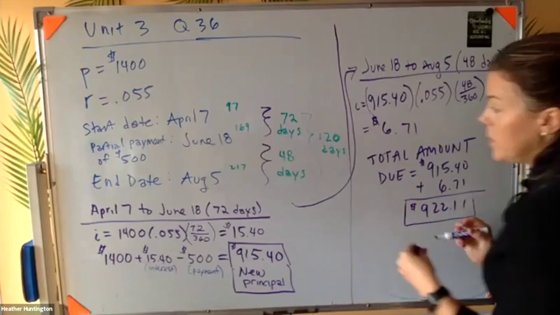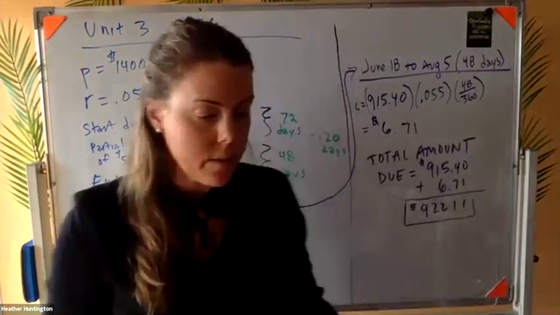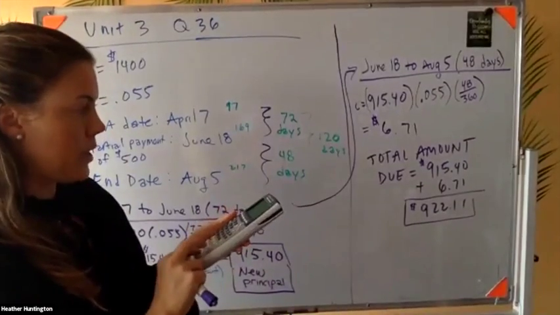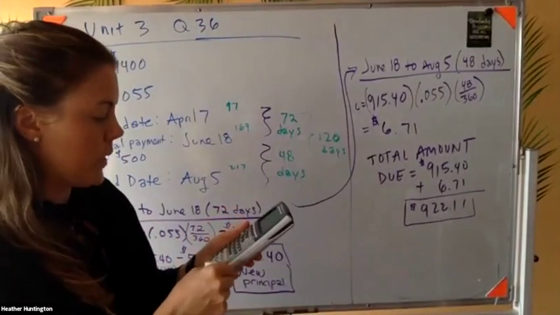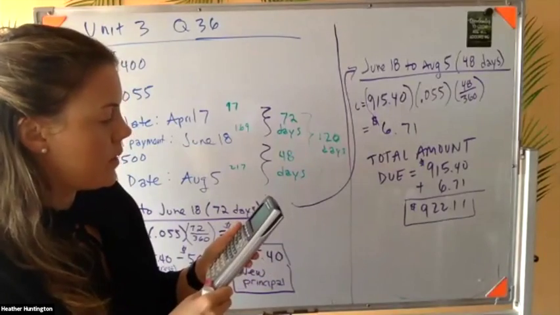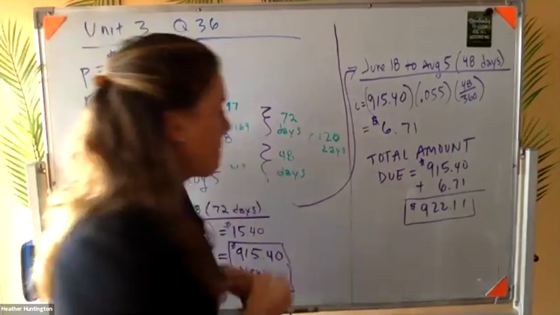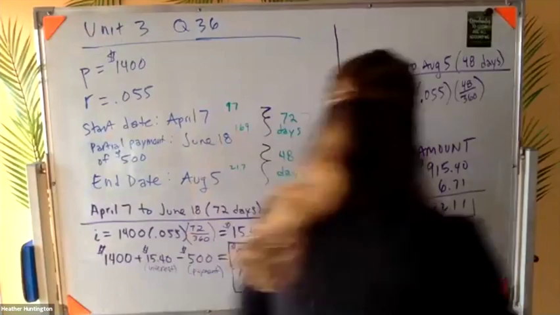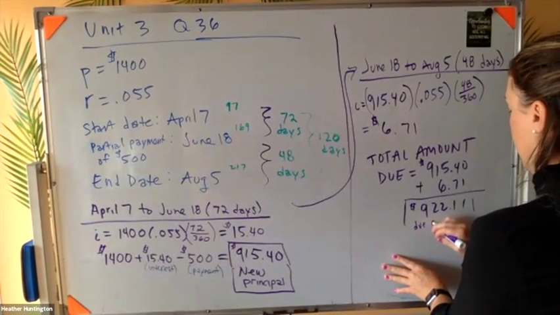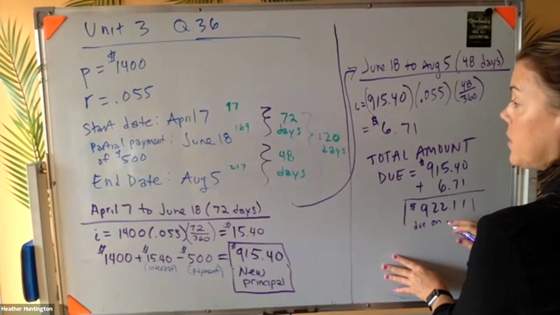So it's $922.11. If I did my math correctly, I'm going to check, which is what you should always do with homework, and try to do it in your head first. Let's see if it seems reasonable too. Yep, 922.11. So this is due on August 5th.